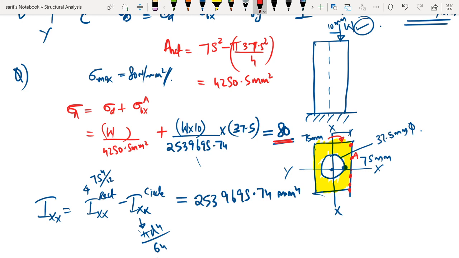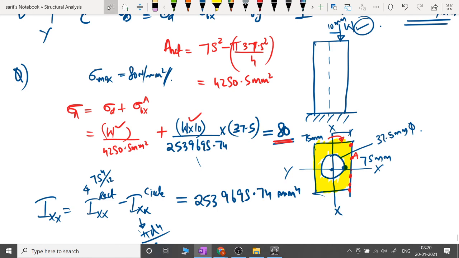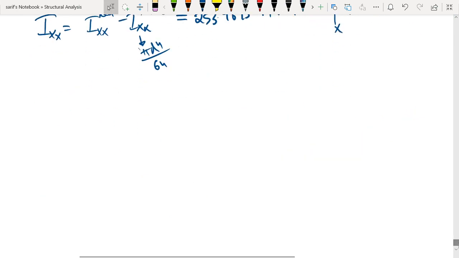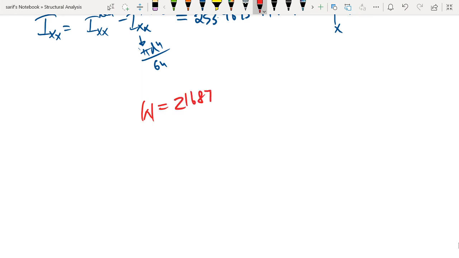Okay, so the only unknown in the equation is W, and if we simplify this expression we can get the value of W. So the value of W will come out as 216877 Newton, or you can write it as 216.87 kilonewton. So this is the value of W. That is the maximum load this column can take.